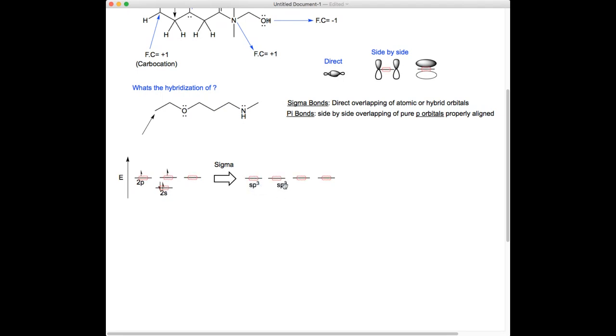And these 4 sp3 hybrid orbitals are the orbitals that the carbon will use for bonding to any other atom. So the 4 bonds of the carbon atom will be the result of the carbon using 4 hybrid orbitals. Obviously, there are 4 electrons in the valence shell of carbon, meaning that each electron will be in 1 hybrid orbital.